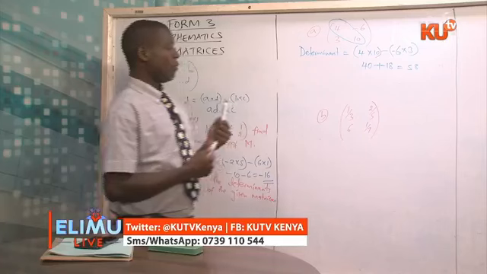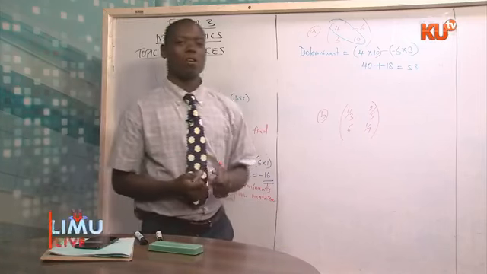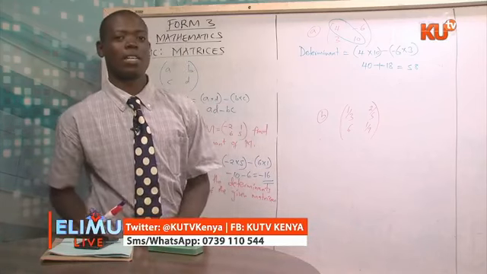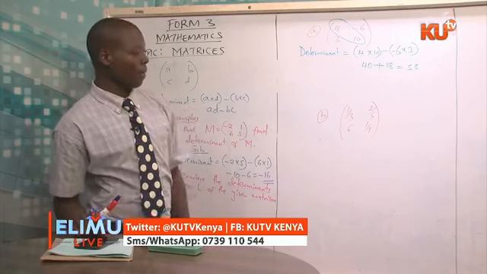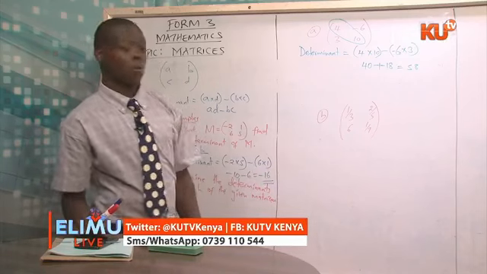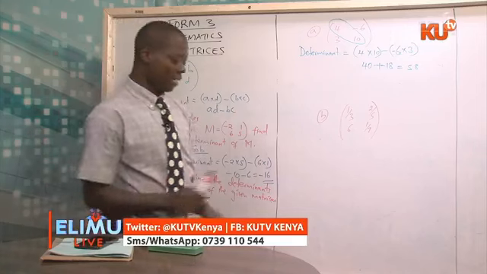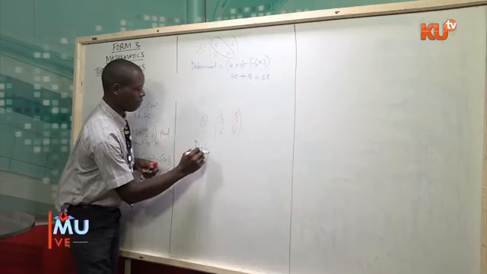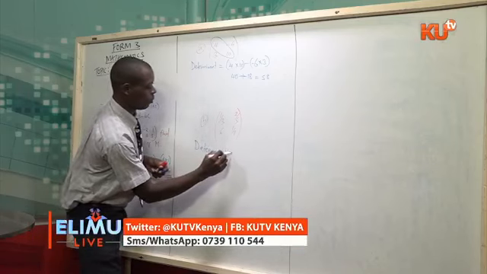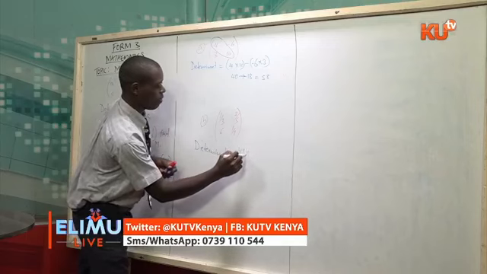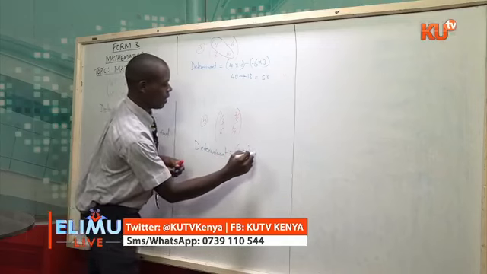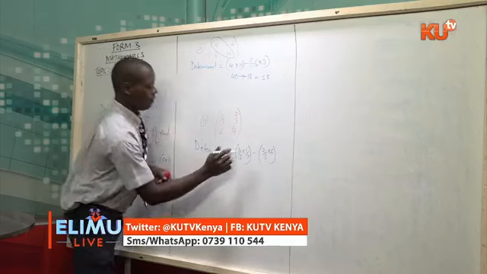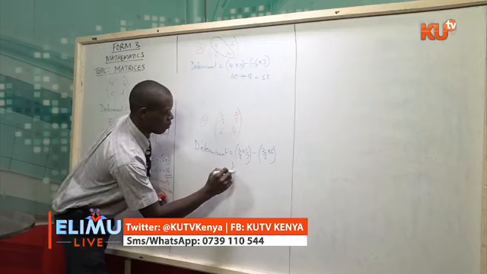Number B, not only will you have matrices given as whole numbers, but we may have matrices that are constituted by elements which are decimals or fractions. So in this case, we have fractions. We will work out the same way. The determinant of this matrix will be equal to 1/3 times 1/7, then we minus 2/5 times 6. 1/3 by 1/7 is 1/21.